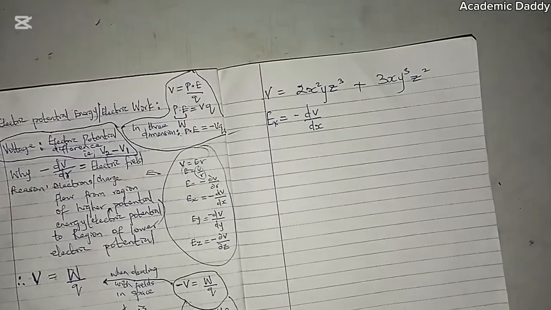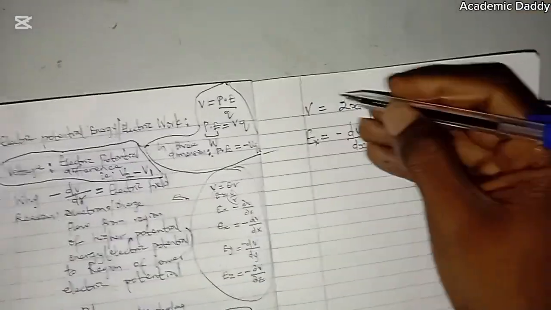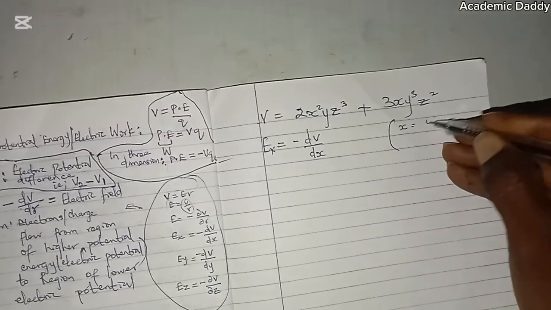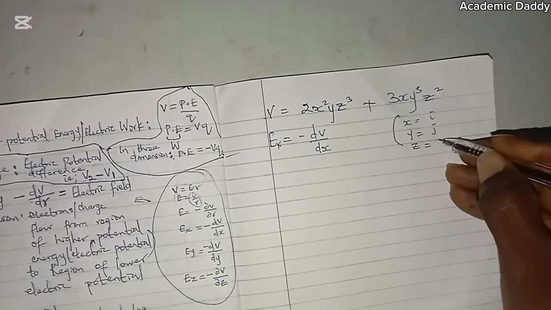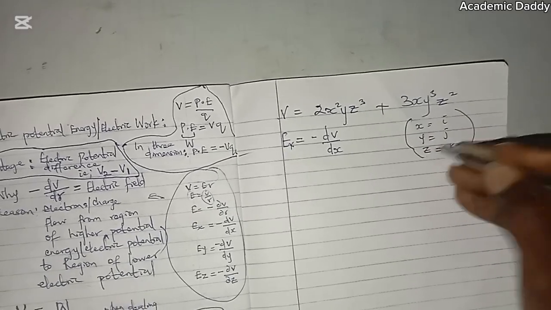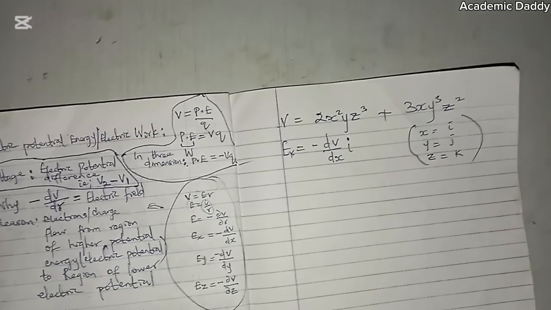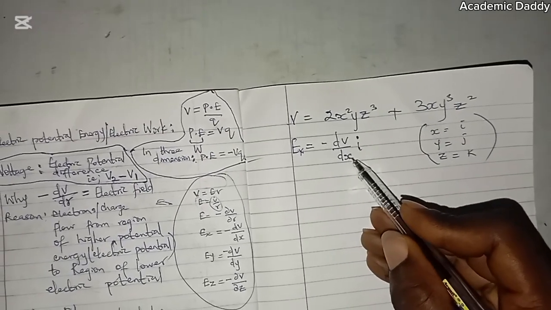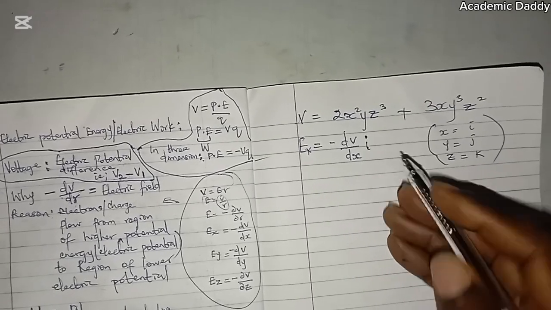So I'm going to be differentiating this. I know that when we did the first semester work, the x-axis is the same thing as i, the y-axis is the same thing as j, the z-axis is the same thing as k. So anything I do here, I'll put i to it, to show that it's on the x-axis. I'm differentiating with respect to x, that is the length of x on the x-axis.